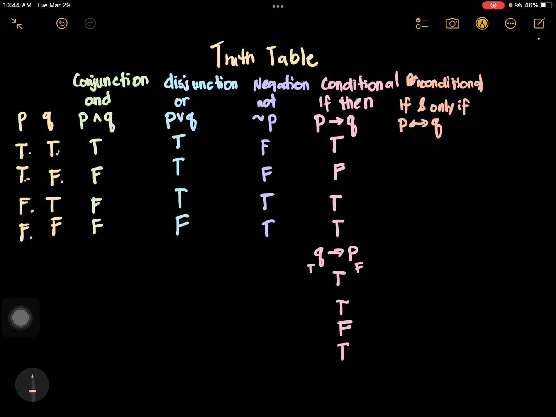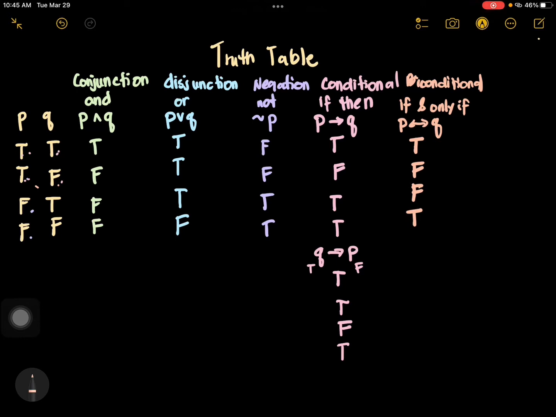If P and Q have opposite truth values, then this is false. So in this case, true, true is the same, so true. True, false is opposite, so it becomes false. False, true is false. False, false is true.